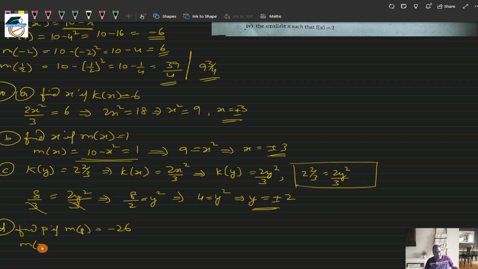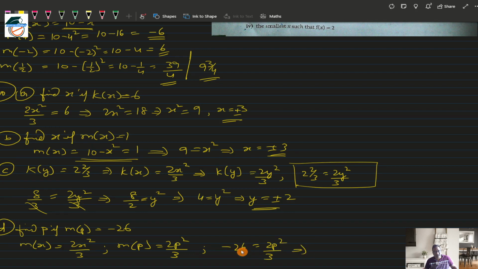Now we know that M of X is equal to how much? 2x square upon 3. So M of P will be 2 into P square upon 3, right? And this M of P is given to you as minus 26. So you can write minus 26 equal to 2P square upon 3.